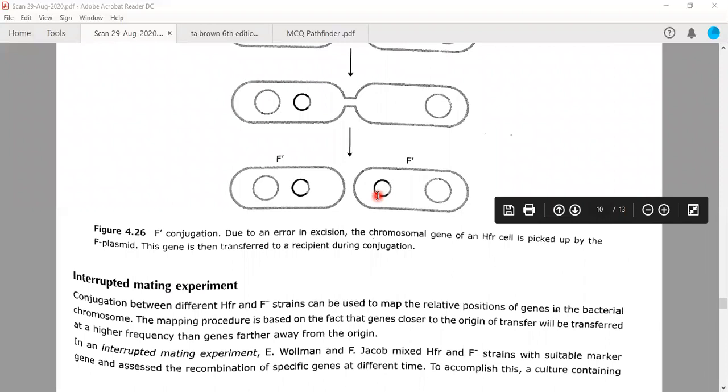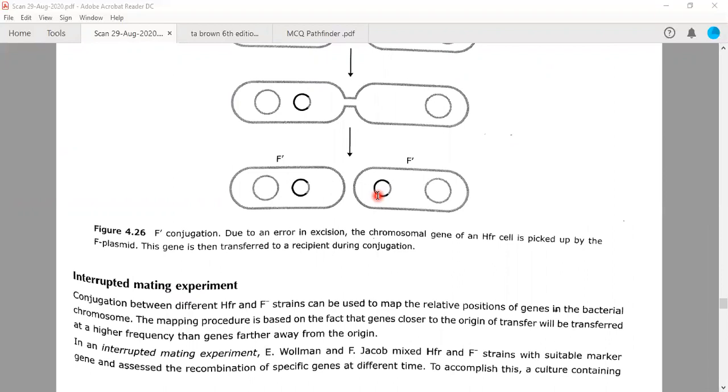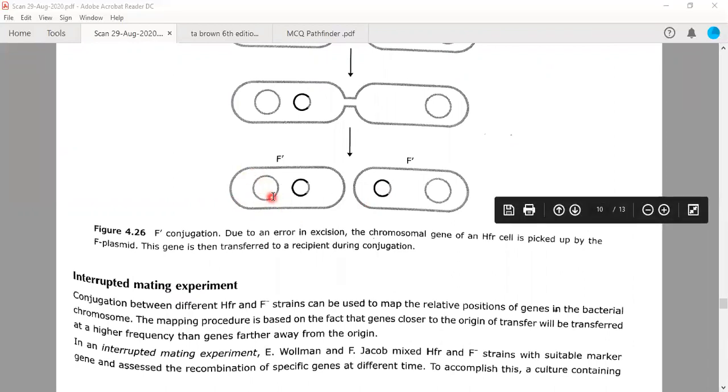Now, what is the application of these experiments, these gene transfers or conjugation? Conjugation can be used, especially the second one, the conjugation between Hfr and F negative strains, because you need to transfer the bacterial genes from the donor to the recipient cell. By this process, you are able to map the genes which are present on the bacterial chromosome and are unknown.